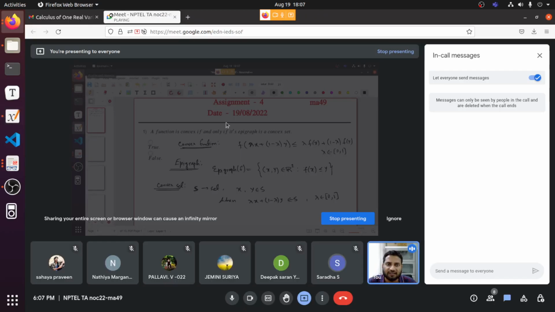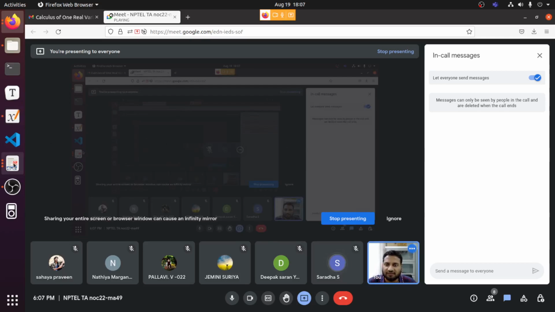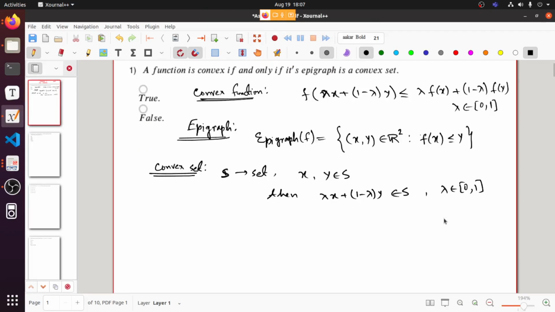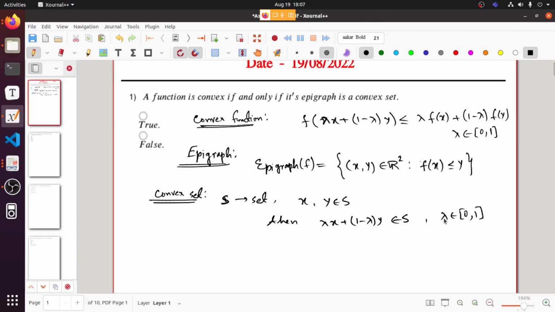Then we call S convex. Okay, so these are the definitions. Now you have to prove that a function is convex if and only if its epigraph is a convex set.